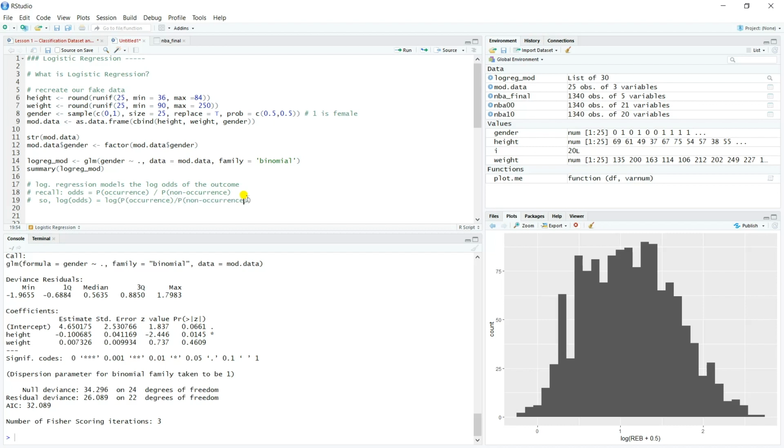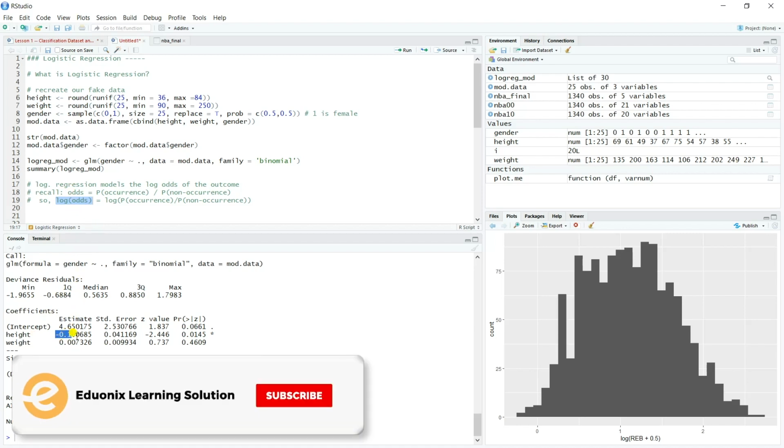Whenever we think about our outcome, what logistic regression is really doing is treating log odds as the outcome variable. And so whenever we see these parameter estimates of a negative 0.1, it means that for a unit increase in height, if height goes up by 1, the log odds of the individual, in this case being a female, goes down by 0.1.